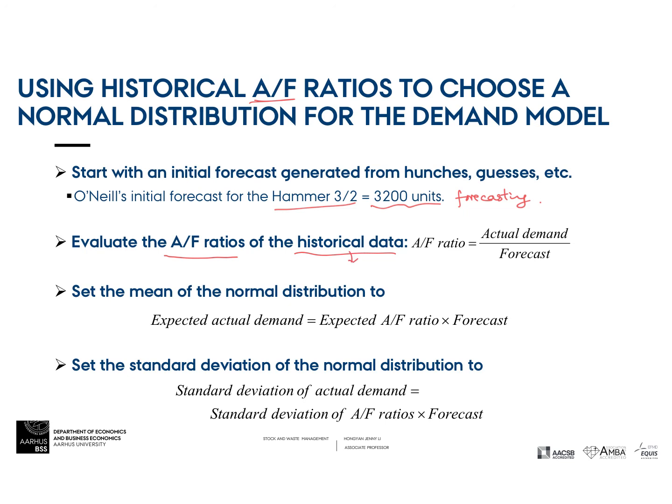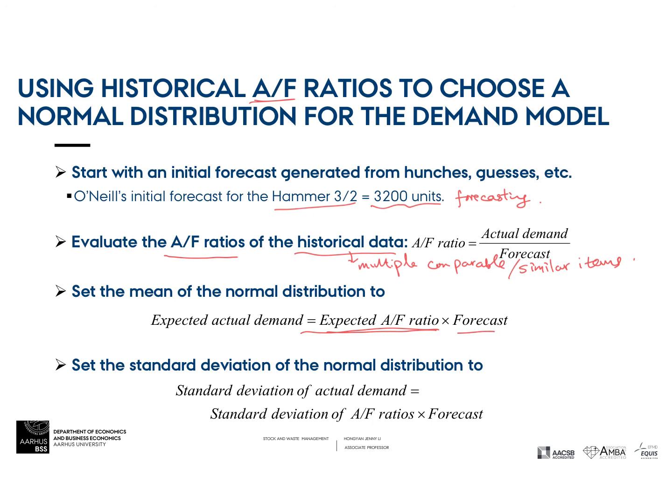Here we're talking about multiple comparable or similar items, since it's quite unlikely you have exactly the same one. Then set the mean of the demand normal distribution to expected actual demand, which equals the expected AF ratio times the forecast. That means you calculate the average AF ratio times your forecast, and you will get a more accurate forecast.